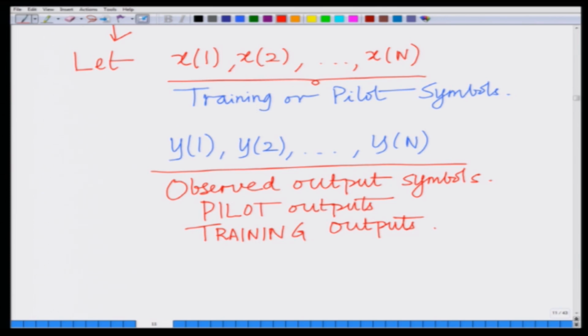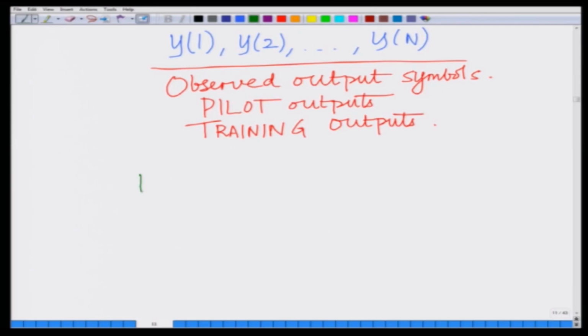So, what we are saying is we are going to transmit a block of pilot symbols x1, x2, xn, which are known at the receiver, and corresponding to this the receiver observes the pilot outputs or training outputs y1, y2, yn. From the knowledge of x1, x2, xn and the observed outputs y1, y2, yn, one can now estimate the unknown channel coefficient h, as we are going to describe shortly. So, one can describe the pilot outputs as follows.